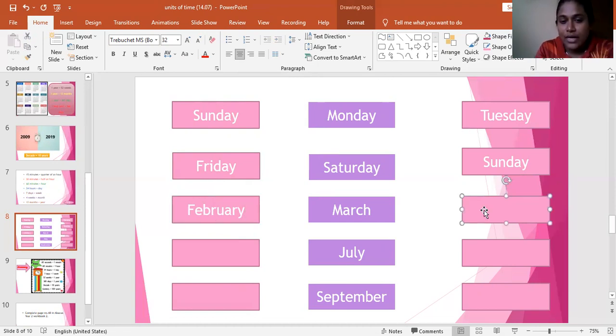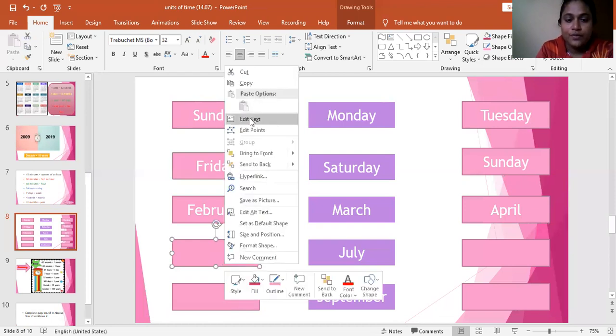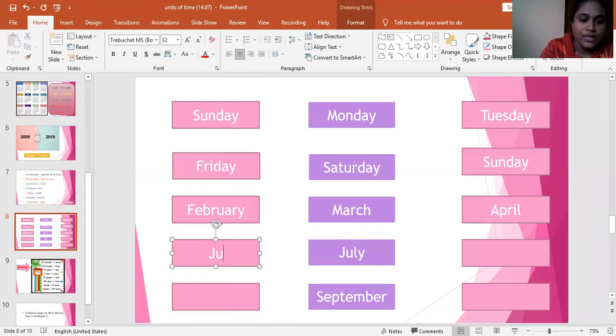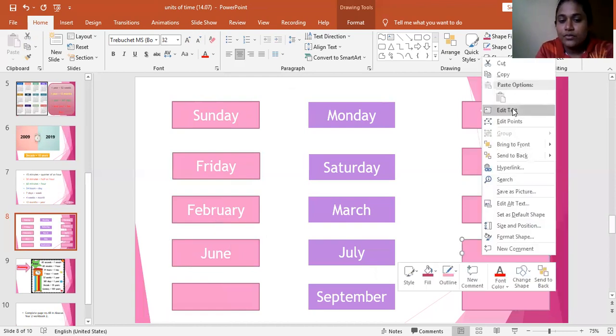Next, after March, April comes. January, February, March, April, May, June. July is there. What is the month we meet before July? It is June. After July, what is the month?